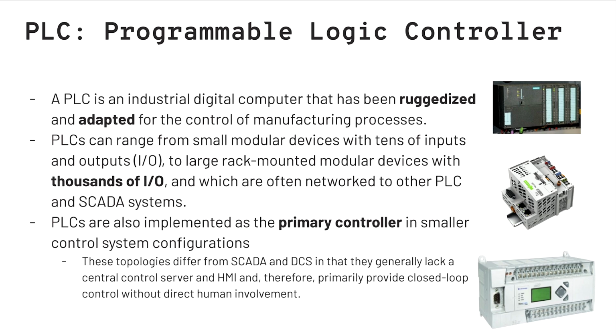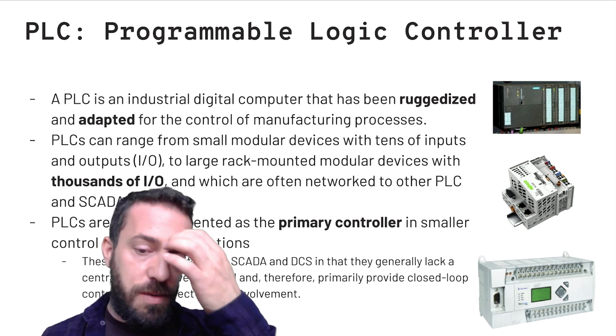So in SCADA and DCS, you can think of a central control system that you observe, and actions in the system may be more human-driven in a way. A PLC is more automatic, so a PLC will respond by itself, so it has a control logic. It's a more closed-loop control without human involvement. So that's also a big difference, right?